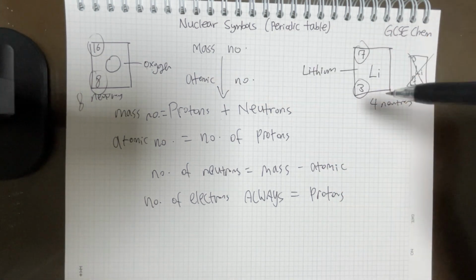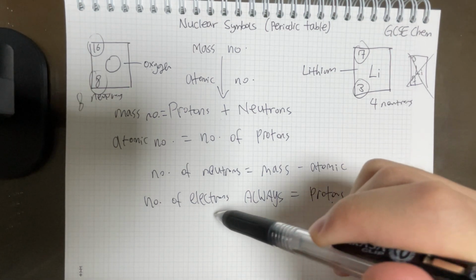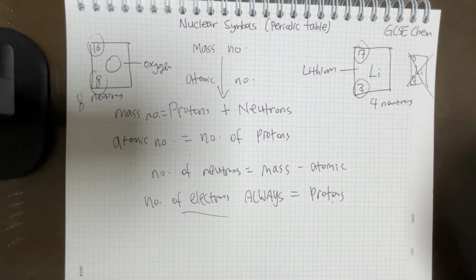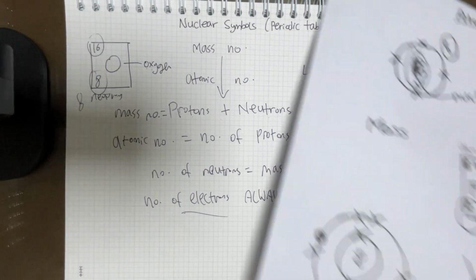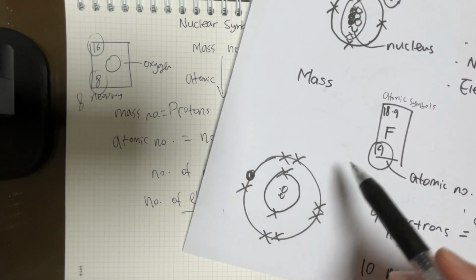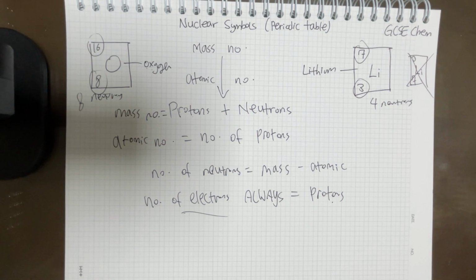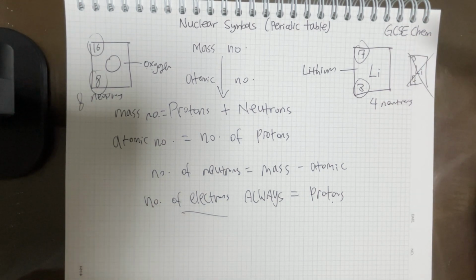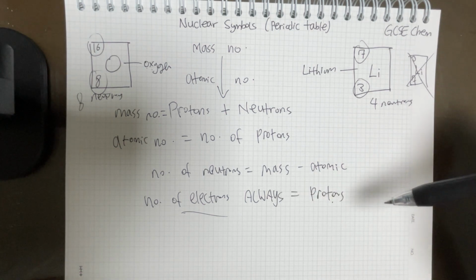This atomic number represents the number of protons, and the number of protons is always equal to the number of electrons. Except when we do our electron configuration, where atoms can lose or gain electrons so that they can have a full outer shell of electrons. I explained that in the previous video, but at least what it is in the periodic table is that the number of protons and the number of electrons in its default state is always equal.